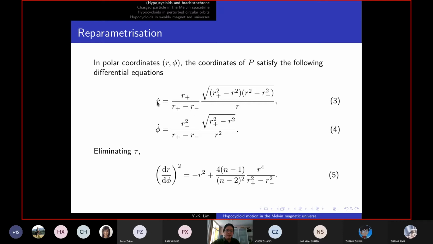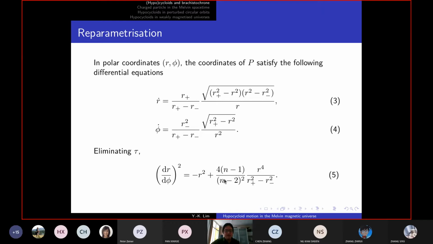I have an equation for r dot, where the dot is the derivative with respect to tau, and an equation for phi dot. It looks like this. Then if I eliminate the parameter tau, I can express everything in terms of r and phi. So this is a differential equation for (dr/dphi) squared. In particular, there's a negative r squared here and an r to the fourth times a bunch of constants.